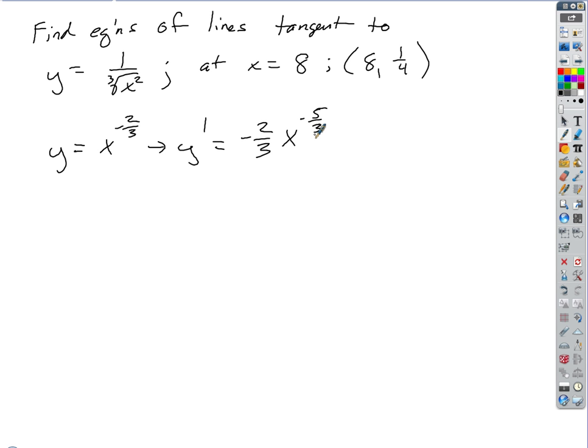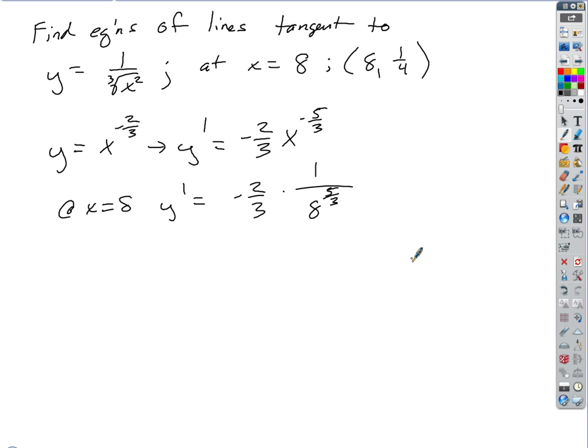We have to evaluate it at x equals 8. So at x equals 8, y prime equals negative 2/3 times x to the minus 5/3, which is just 1 over x to the 5/3. So 8 to the 5/3.